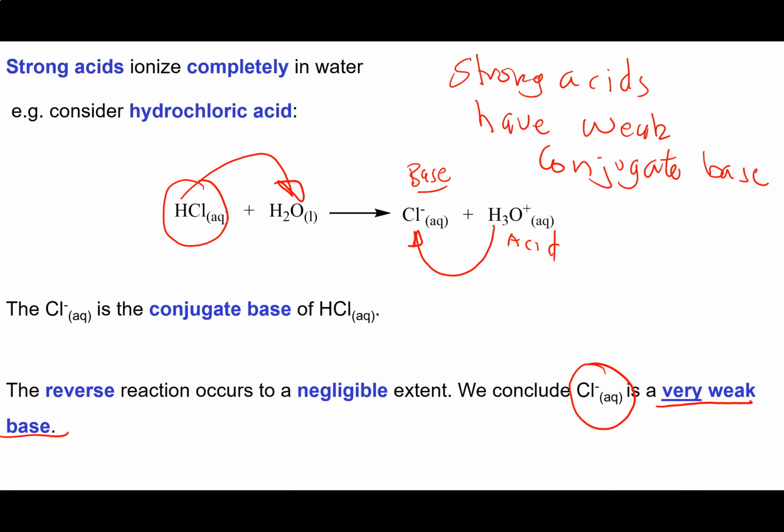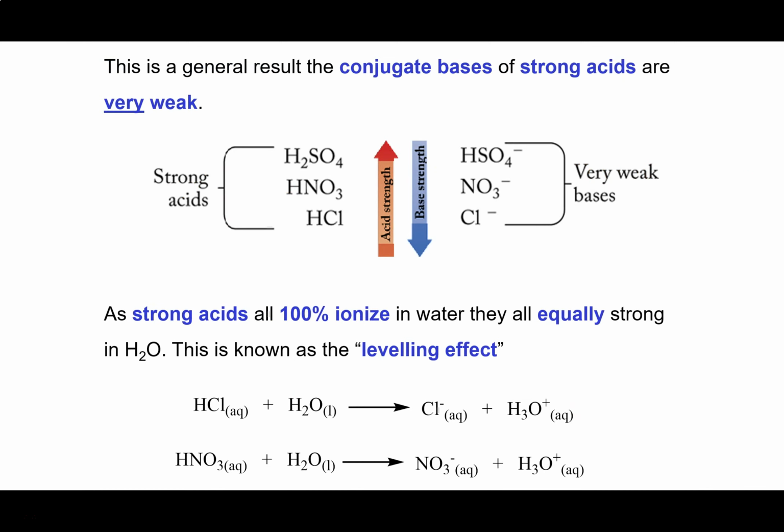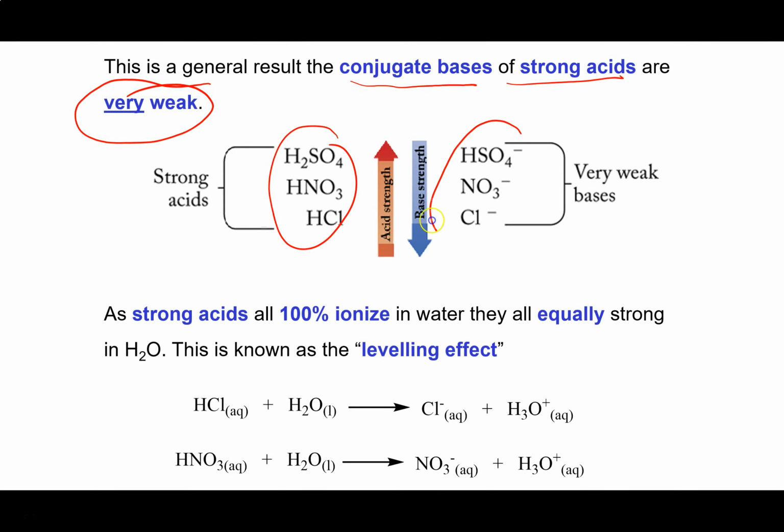It's so weak that it's like non-existent, that reverse reaction. So that's a general result. The conjugate bases of strong acids are very, very weak. So the anions that are derived from strong acids, they're not bases, right? So here are a bunch of strong acids. The anions that come from them, they're very, very weak bases.